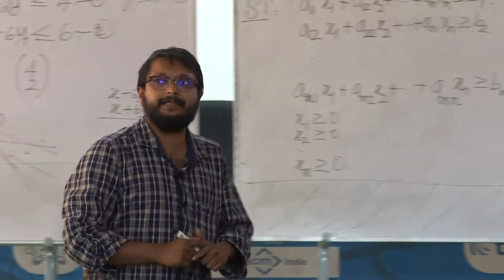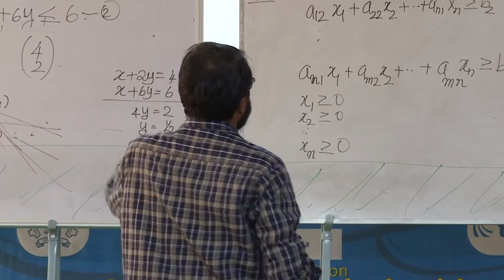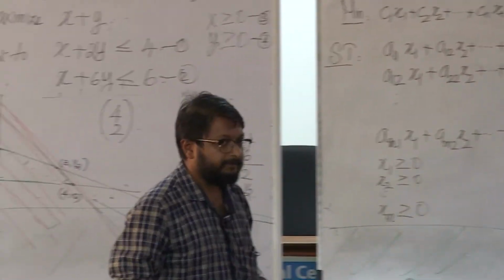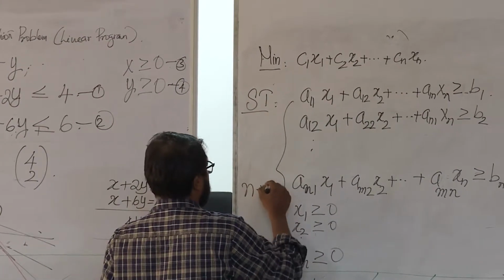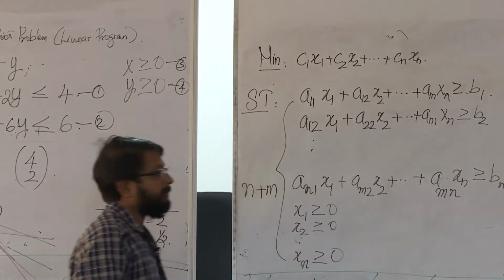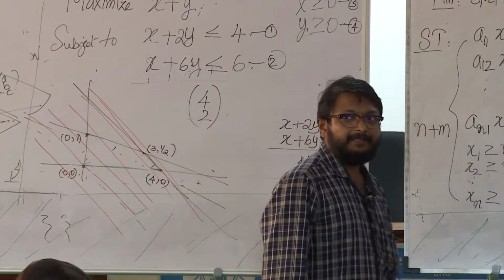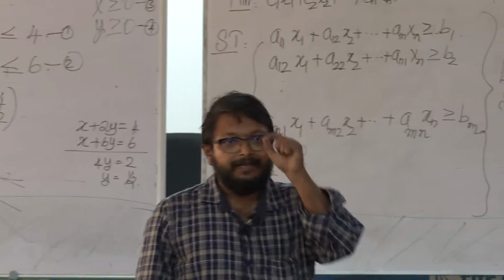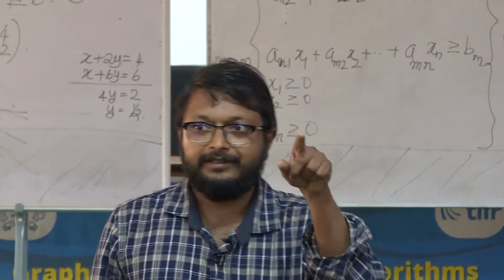If all constraints are linearly independent, what is the advantage? How many equations are there now? n plus m. Now there is some theory which tells you that if you have n plus m constraints, n of these will define a point.